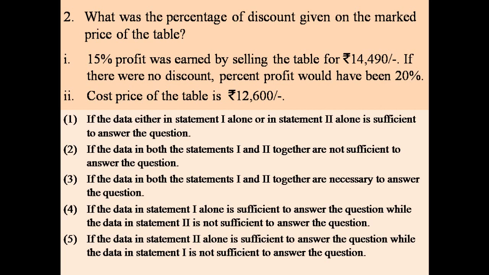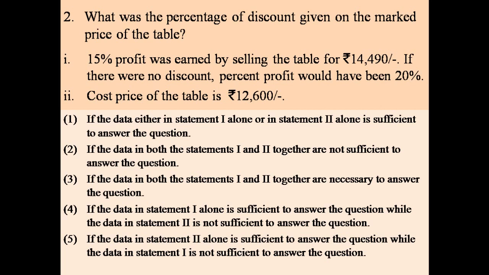That means his real cost price is not what you would think by taking only 15% as profit. How do we work it out? Cost price plus profit gives the selling price. So if 100 rupees is the cost price and 115 is the selling price, then 15% is the profit.